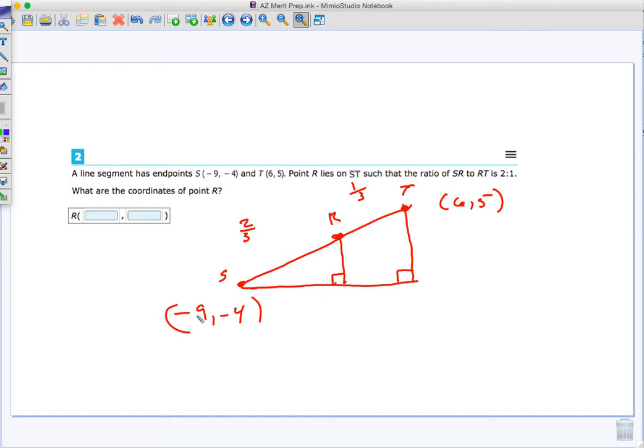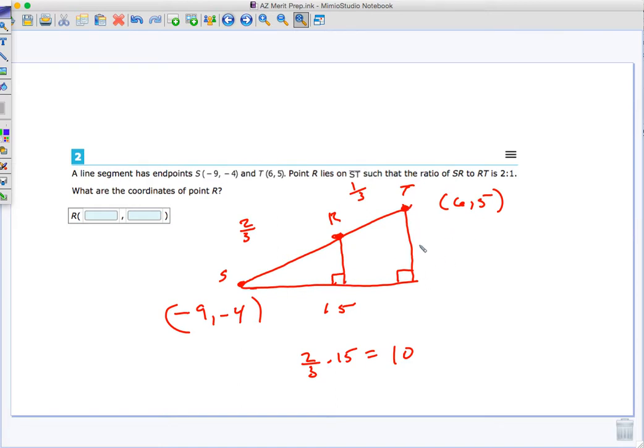So let's start by looking at the distance between S and T on our x coordinate. -9 to 6 is going to be 15 units. So the entire way is 15 units. But to get to R, we're only going 2/3 of the way from this point. So 2/3 of 15 is equal to 10. So we just need to go from -9, in 10 units.